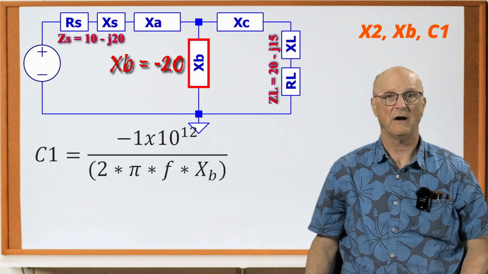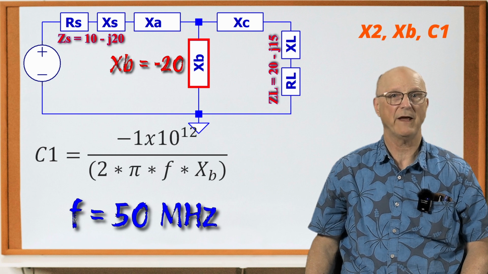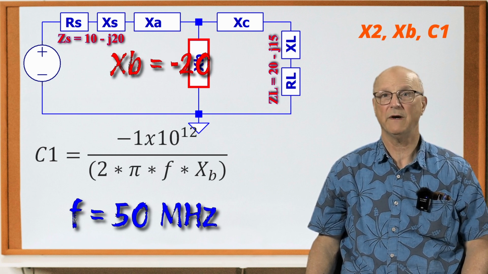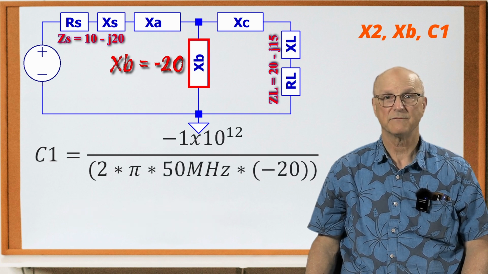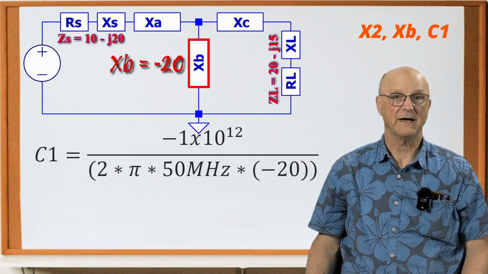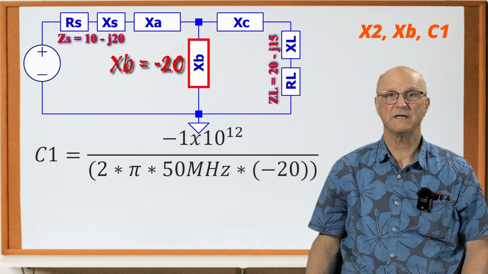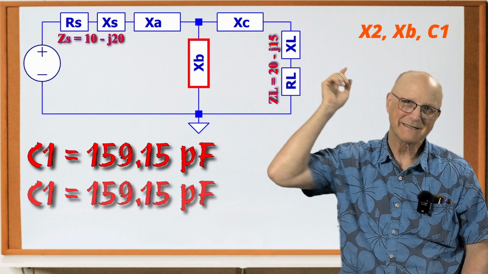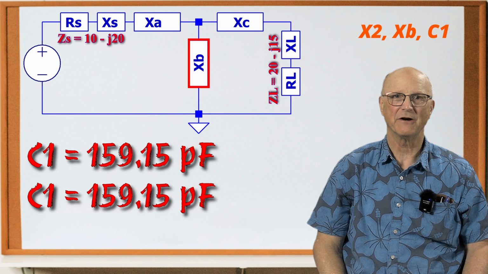And as before, our operating frequency is 50 megahertz, and we just calculated XB to be a negative 20, which gives us this. This calculates out to a capacitance value for C1 of 159.15 picofarads. And this is exactly what we got with the Smith chart.